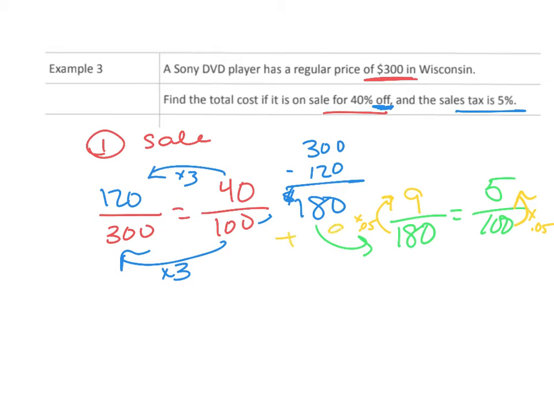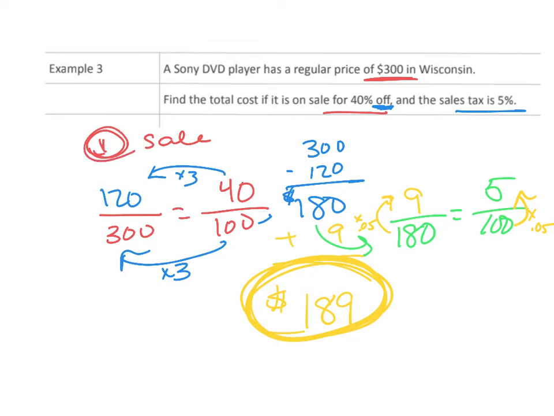We're going to add that on. Our final price is $189. There's our answer. So we had to first find the sale price and then find the tax. And all together, we got our answer.